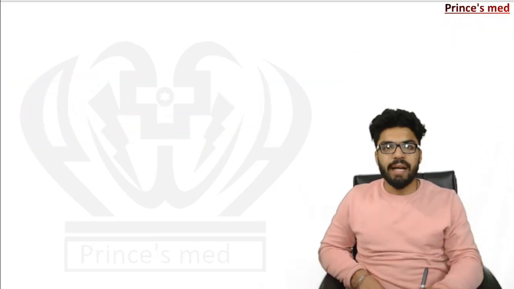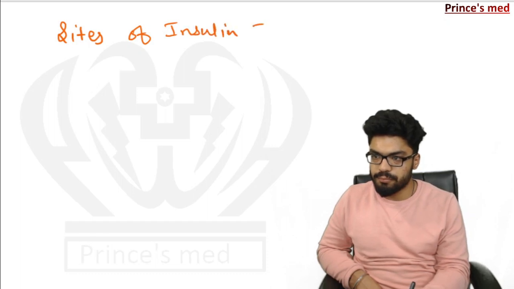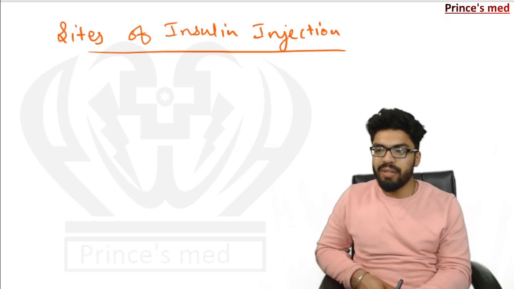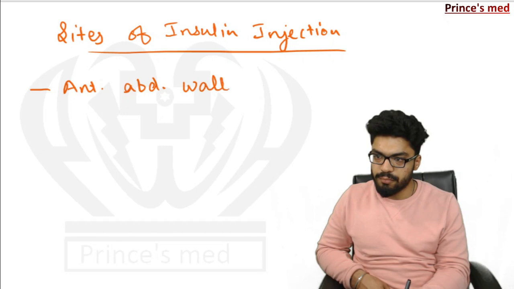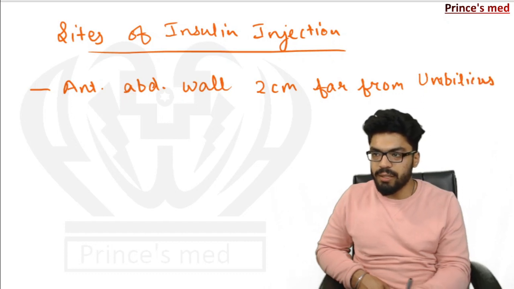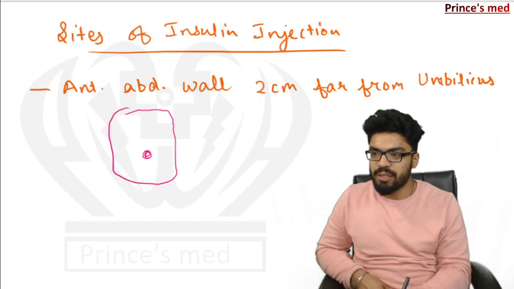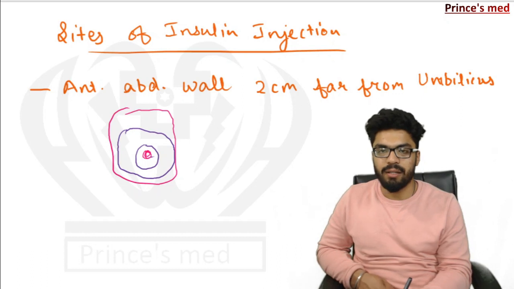And next is our sites of insulin injection. In subcutaneous route, we will inject insulin on the anterior abdominal wall, 2 centimeter far from umbilicus, like if this is the anterior abdominal wall and here is our umbilicus, then we will make a 2 centimeter gap where we can give insulin, and we can give insulin in that area, in anterior abdominal wall.